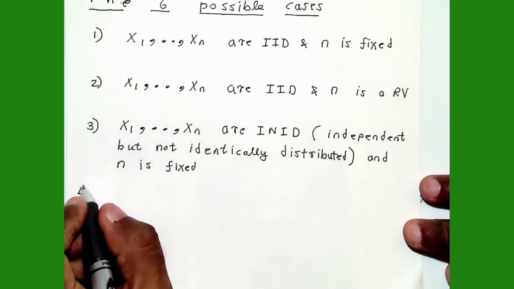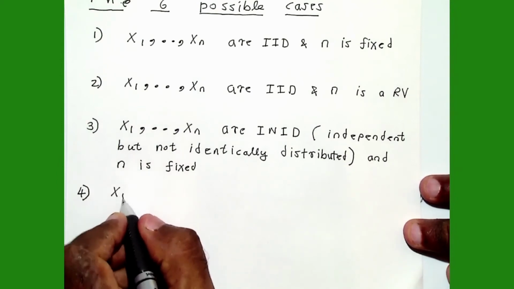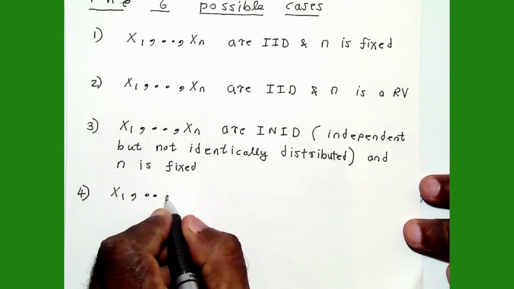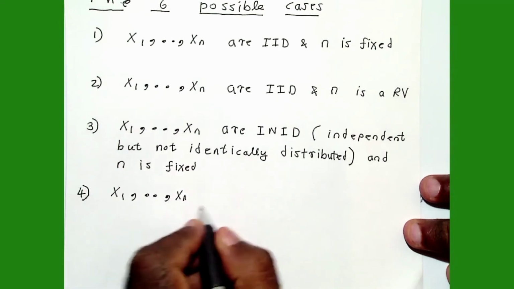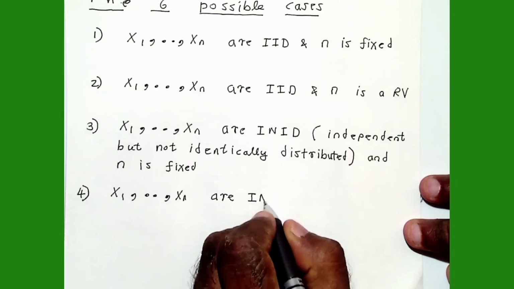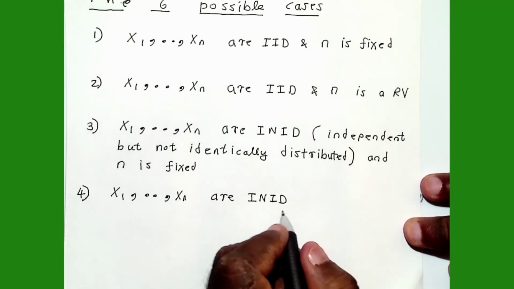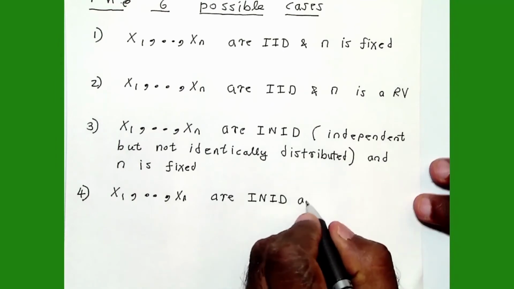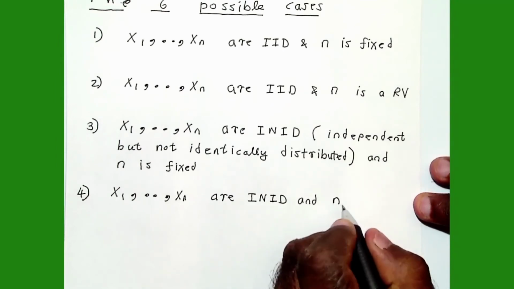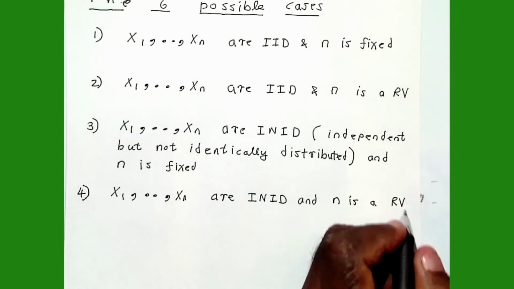Case number 4, where the losses are INID and N is a random variable.